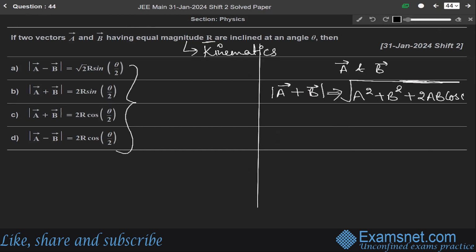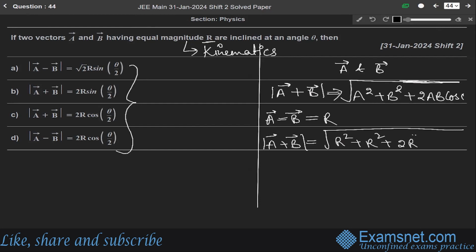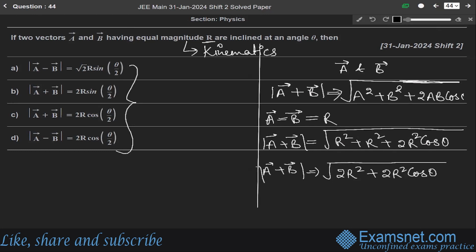Since both vectors have equal magnitude R, we write A plus B is equal to under root of R square plus R square plus 2R into R, that is R square, cos theta. So A vector plus B vector becomes under root of 2R square plus 2R square cos theta. Taking 2R square common, we write under root of 2R square into 1 plus cos theta.